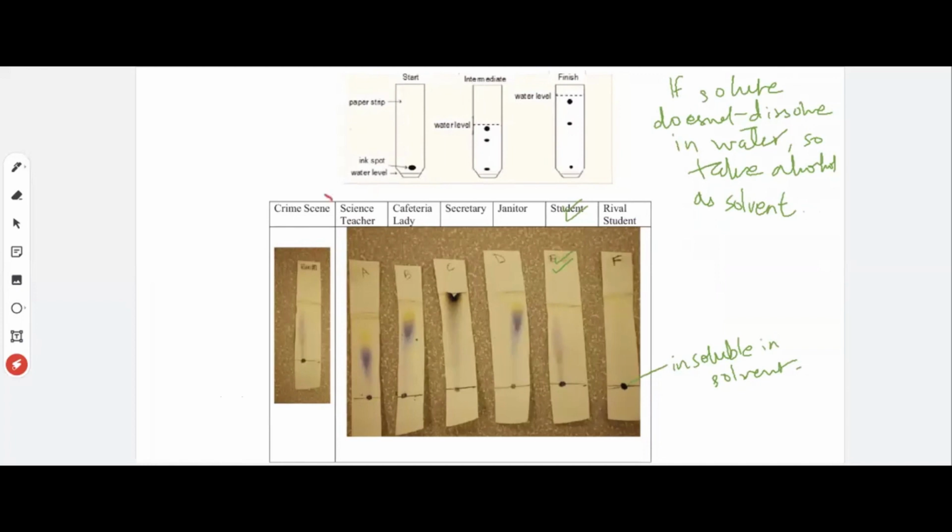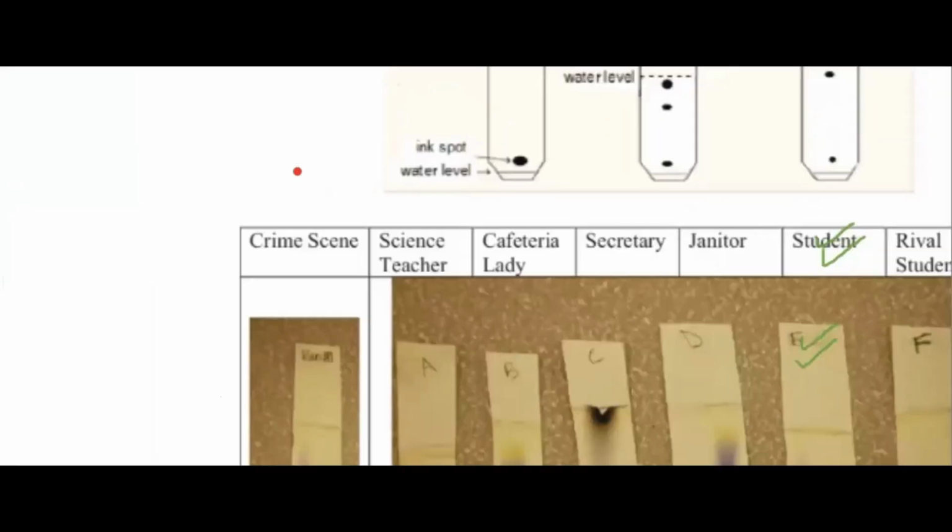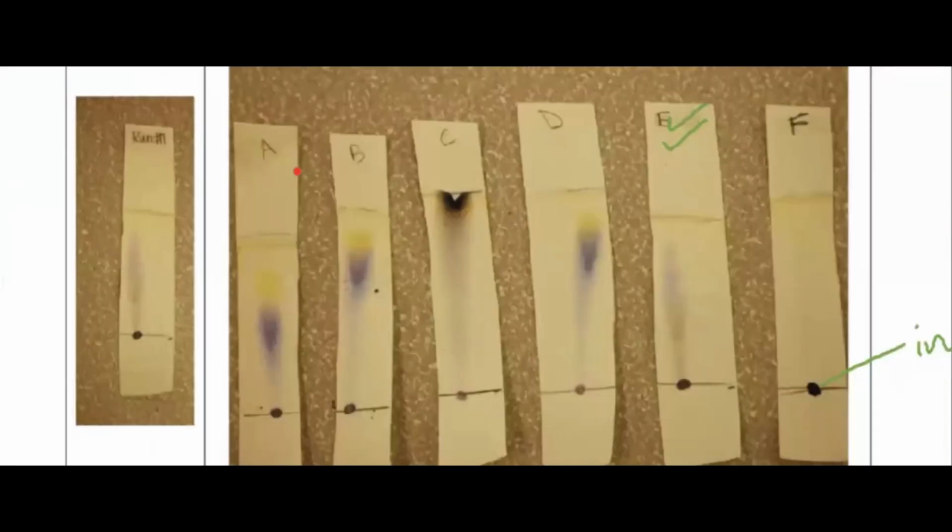For example, you had a crime scene, and you had detected that this was the dye which the murderer used. So you took it over here as a sample, and then you place dye of different people's inks, let's say different students' ink pots.